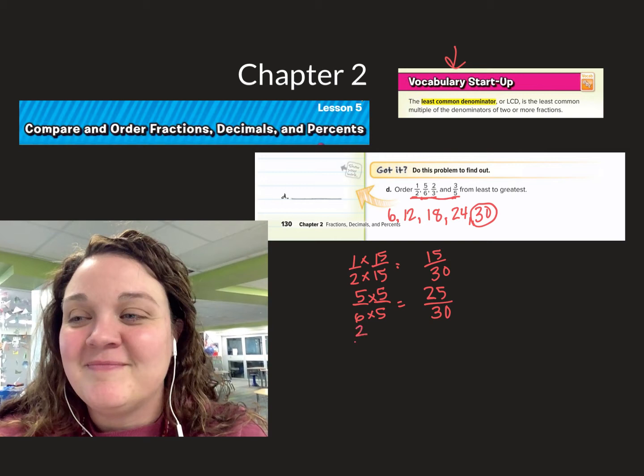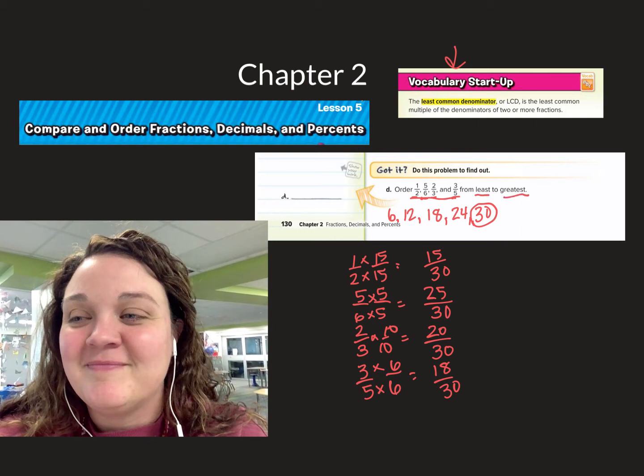And 2/3, I'm going to multiply by 10 over 10 to get 20 thirtieths. And 3/5, I'm going to multiply by 6 over 6 to get 18 thirtieths. So remember, our denominator tells us what size the piece is. Now that they're all the same size, pretty small, we can order them from least to greatest.